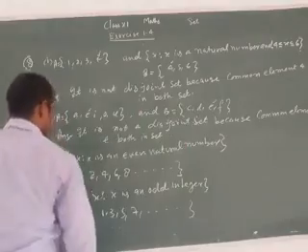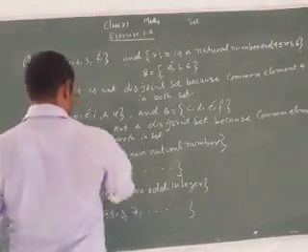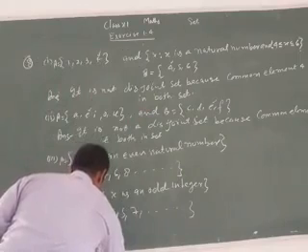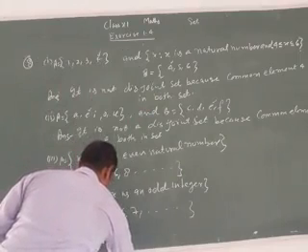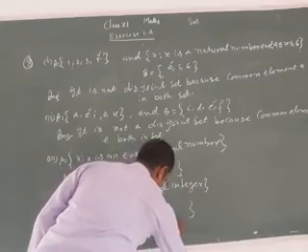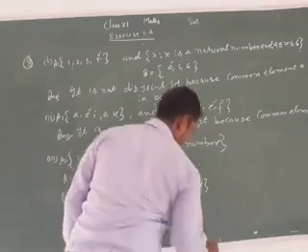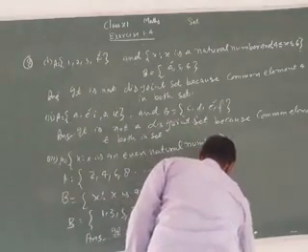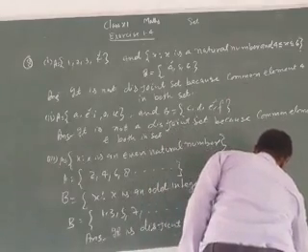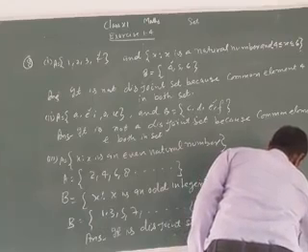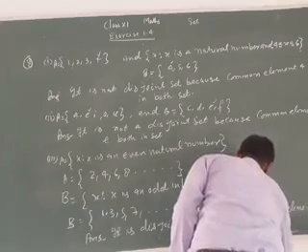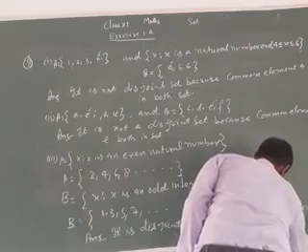This is set B. There is no common element in both sets. So the answer is this, it is a disjoint set, because there is no common element in both sets.